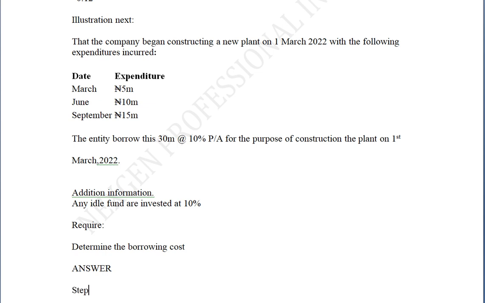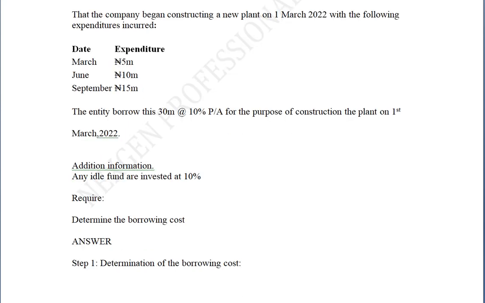Step 1, determination of the borrowing cost. Now I told us that once it is specific, all that you need to do is to multiply the specific rate by the specific principal amount.